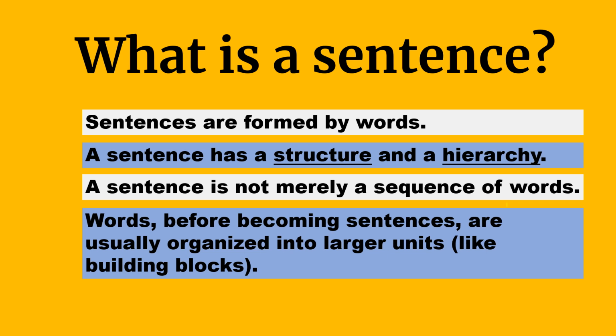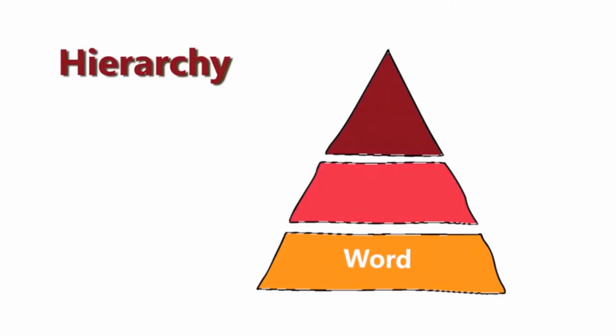Next, words before becoming sentences are usually organized into larger units like building blocks. Actually, words sometimes before becoming part of the sentence, they are organized into larger units, and then it's only those units that become part of the sentence. So you see that there is this hierarchy.